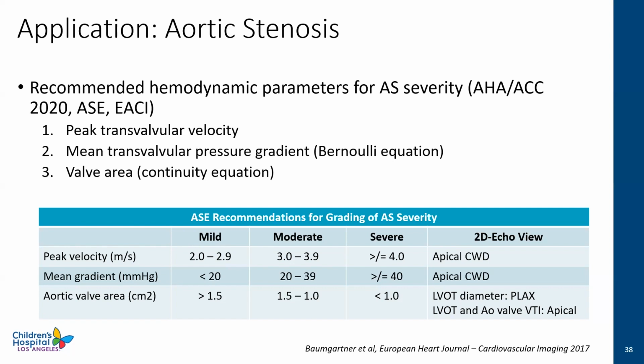The three main ones are your peak transvalvular velocity, your mean transvalvular pressure gradient, which is obtained by the Bernoulli equation, and your valve area, which is what we just went over with the continuity equation. These are guidelines, and again, these are going to be adult numbers, but they've come up with grading of mild, moderate, and severe based on these parameters.